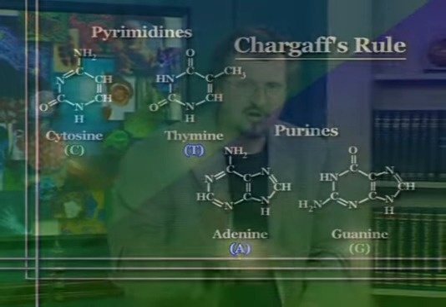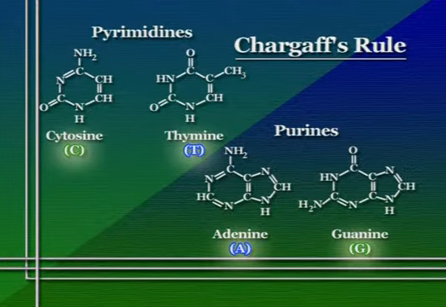And that's where Chargaff's rule came in, because they realized that the implication of Chargaff's rule, the fact that there's always the same amount of adenine and thymine and always the same amount of cytosine and guanine, suggested that it may be that one always pairs up with the other when they're matching together on the inside of the helix.